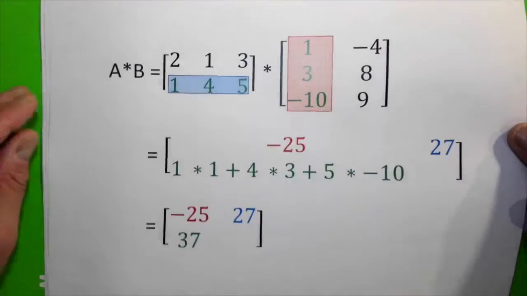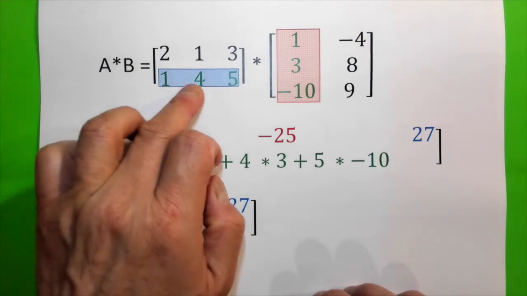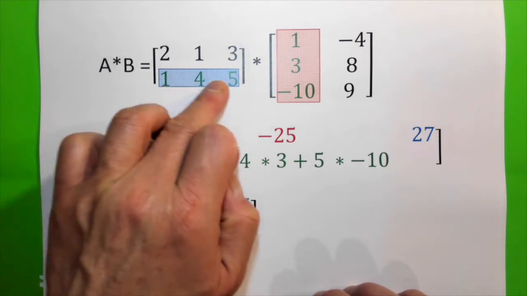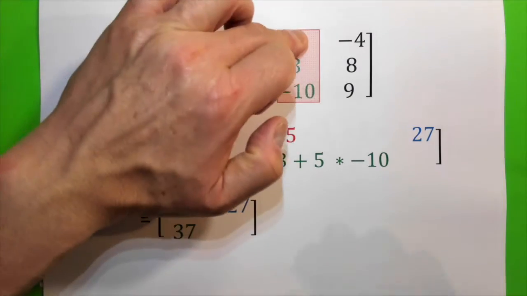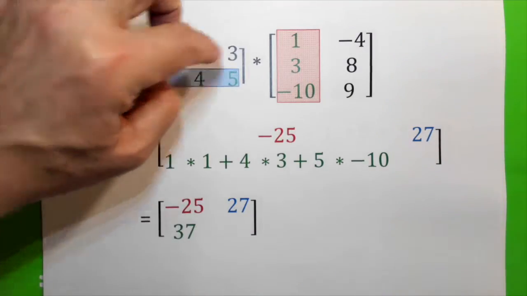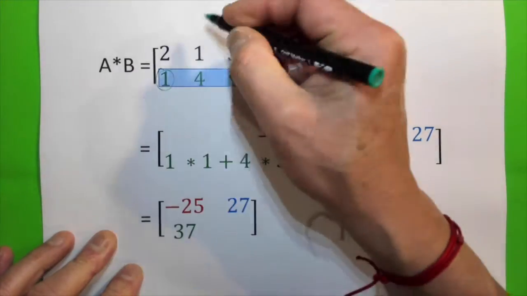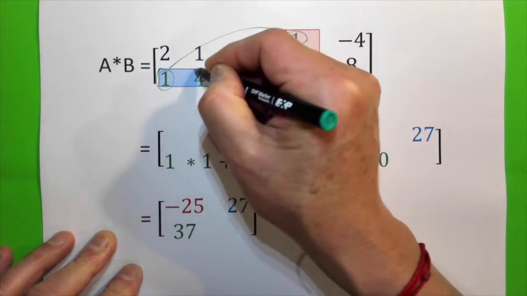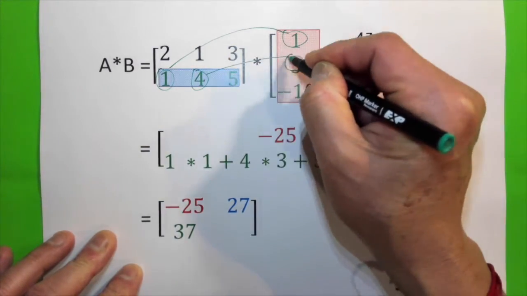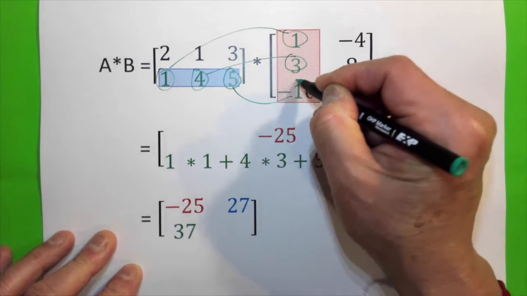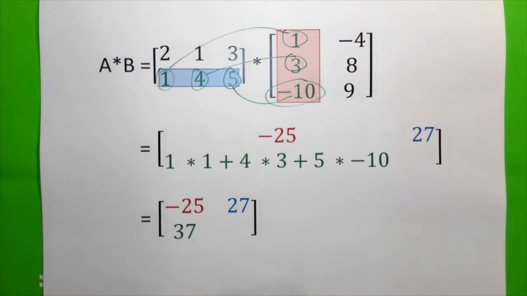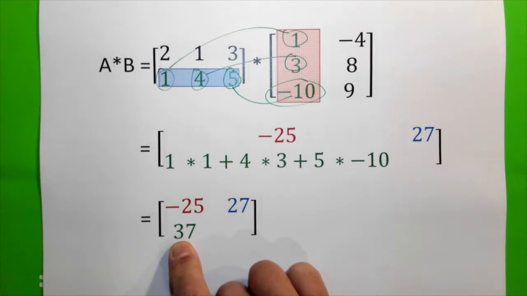Following the same style, we've got to look at the second row and the first column. This time, 1 by 1, 4 multiplies by 3, and 5 multiplies by minus 10. And therefore, we've got the third number in the new matrix.